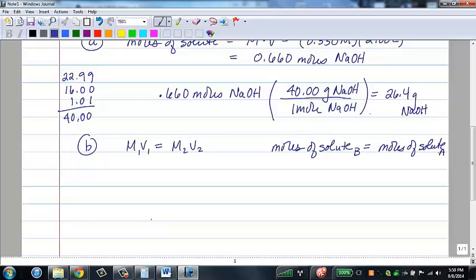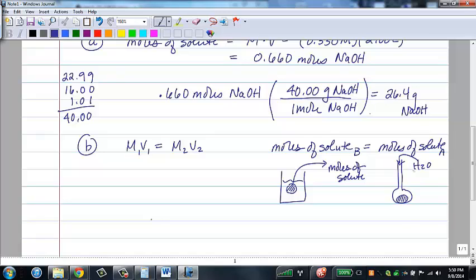This is because before the dilution, you're going to take some portion of your stock solution out. And when you take the portion of stock solution out, that portion contains a certain number of moles of solute. And then you're going to take that portion and put it into a new container. And after that, you're just going to be adding water.